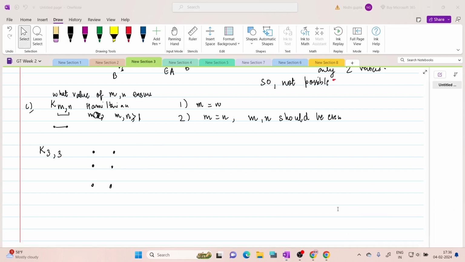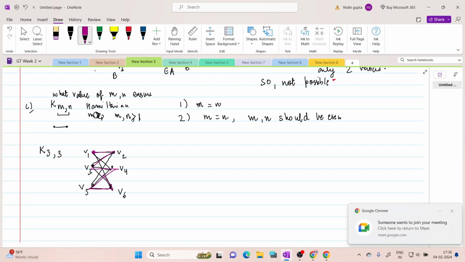So it has all the edges. If it is K33, suppose my vertices are V1, V2, V3, V4, V5, V6. If I want to find a Hamiltonian cycle, if we start with V1, we can go to V2, then V3, then V4, then V5, V6, and then back to V1.